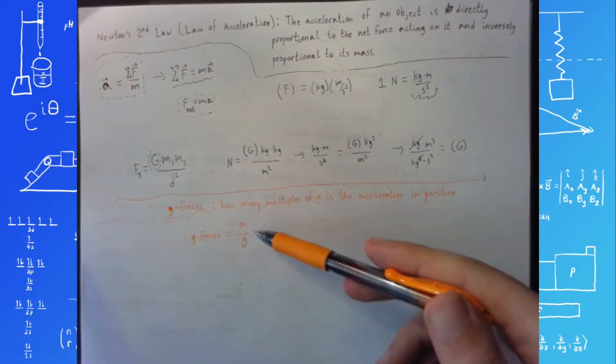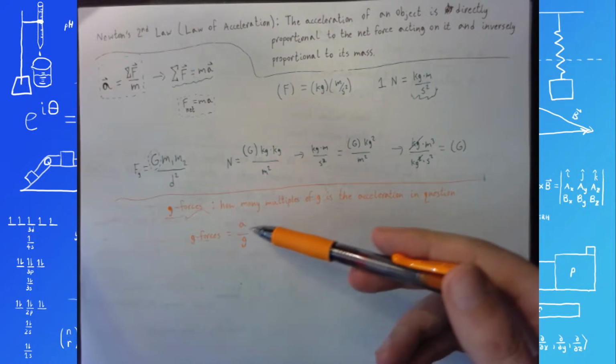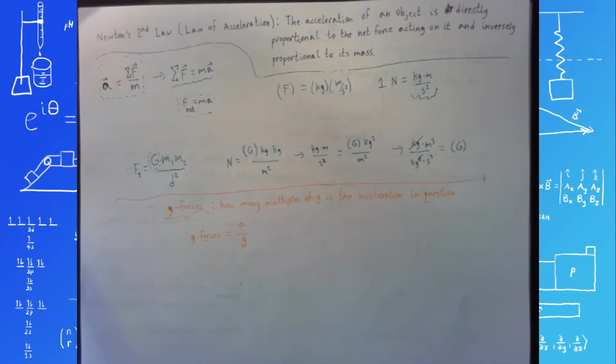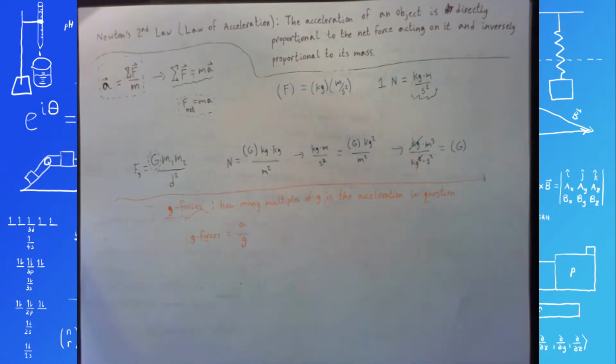And what they want you to do is just calculate the ratio and tell us how many times the thing you're comparing to is the thing that you calculated, if that makes any sense. And they'll ask all sorts of compare questions. It's not always just going to be asking for G-forces.